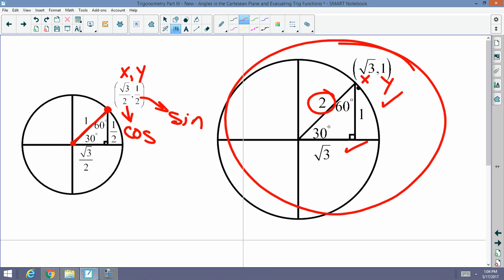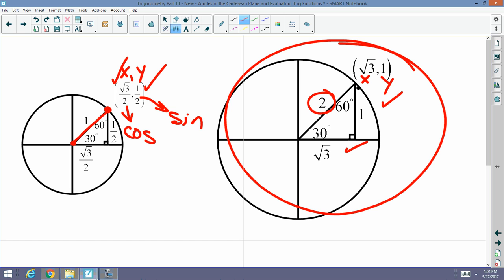What's square root of 3 divided by 2, guys? Bam. What's 1 divided by 2, guys? Half. When you have a triangle or a circle that has a radius that's larger than 1, if you want to find the cosine and sine value, literally, just divide it by 2.